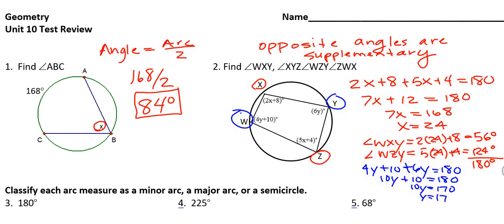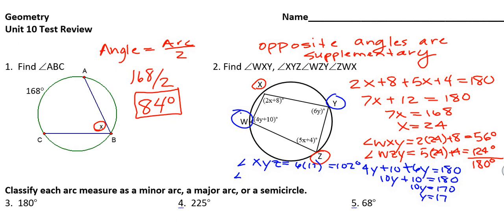Here again, we're going to plug the y back into both those equations. Angle XYZ is equal to 6 times 17, that's 102. I know already that my other angle should equal 78, because that is what 102 subtracted from 180 is.